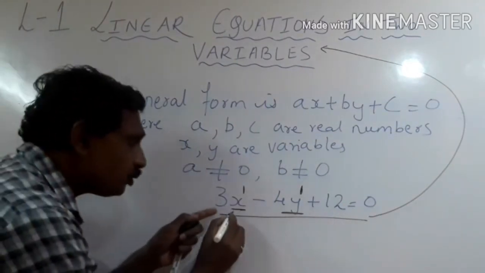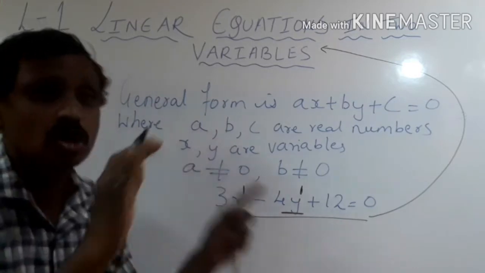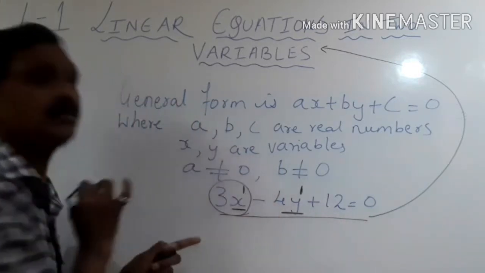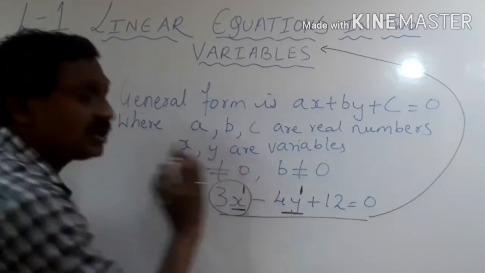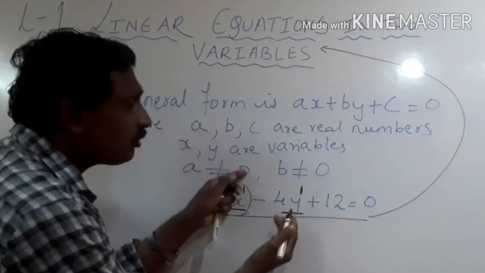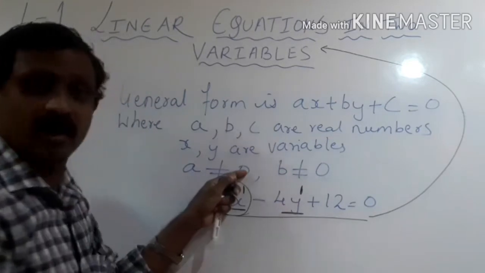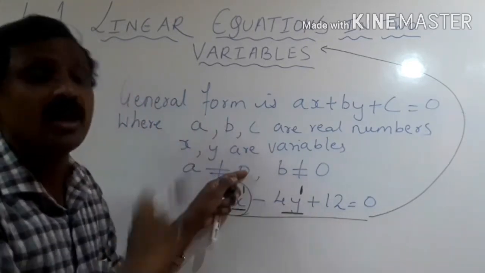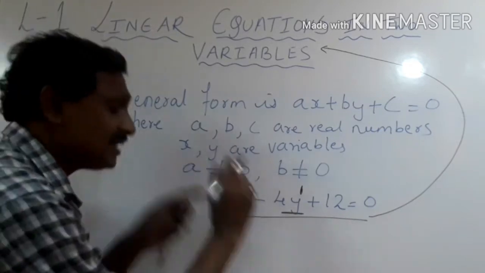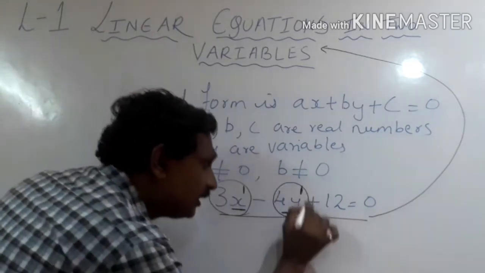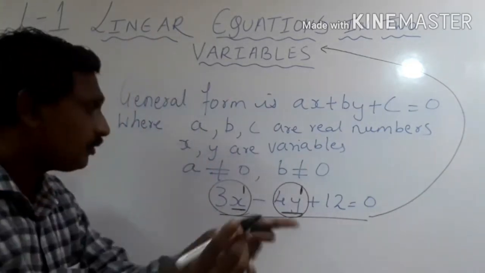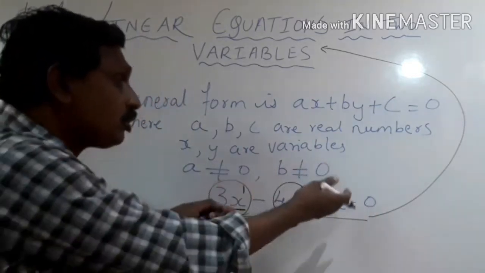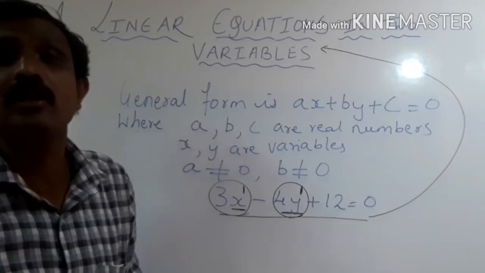Now, if you see here, a should not be equal to 0. But in case this becomes 0, then the full term becomes 0, and what we get is 4y plus 12 is equal to 0. Now this is a linear equation in one variable. Similarly, if b becomes 0, we get 3x plus 12 is equal to 0, which is also a linear equation in one variable.